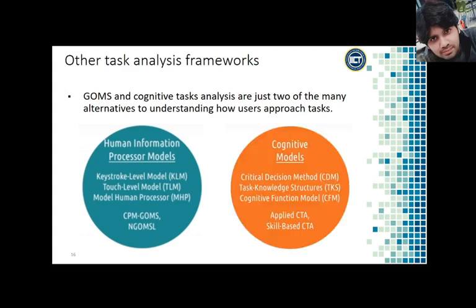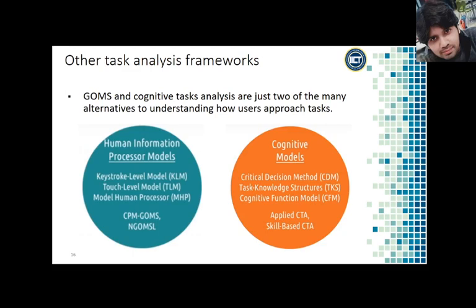Now, more along the lines of the cognitive models, there exist other methods as well, like CDM, the critical decision method, task knowledge structures, TKS, the cognitive function model, CFM, applied cognitive task analysis, ACTA as you can call it, and skill-based cognitive task analysis.